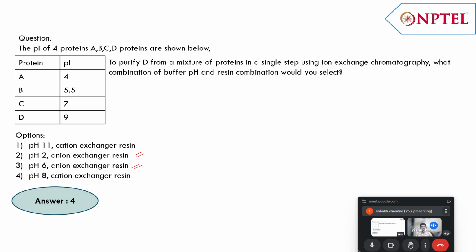So the correct answer is option number 4. Now, the same concept applies here. When pH is less than pI, the protein is positively charged.